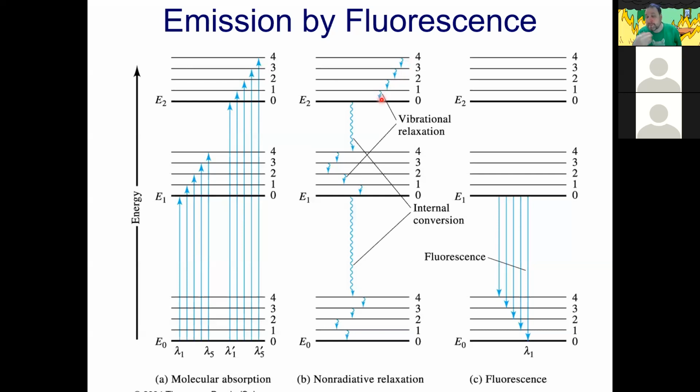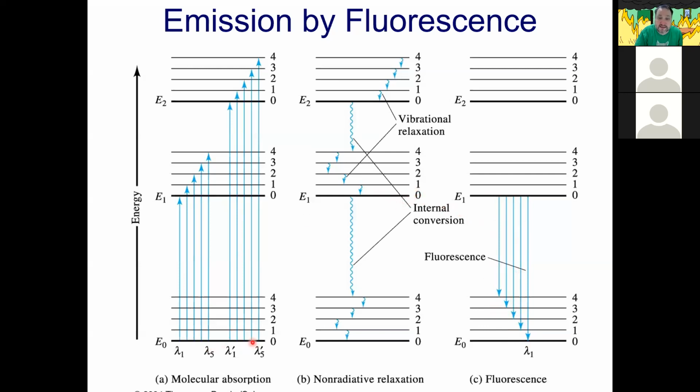You can also have a relaxation that happens between an electronic state and another electronic state. So you're going to go from the ground vibrational state of a higher electronic state down to the highest vibrational state of a lower electronic state. Right? And that's a process called internal conversion, where you're converting from one electronic state to another electronic state. You then can dump or give off that energy in the form of a fluorescence photon down to a lower electronic state, but a variety of vibrational states.